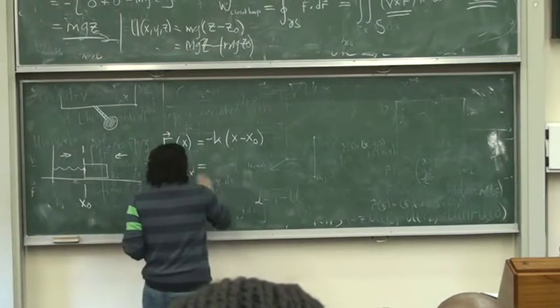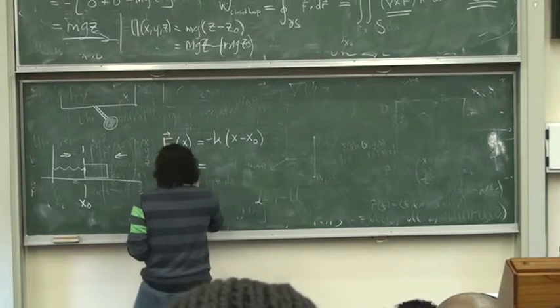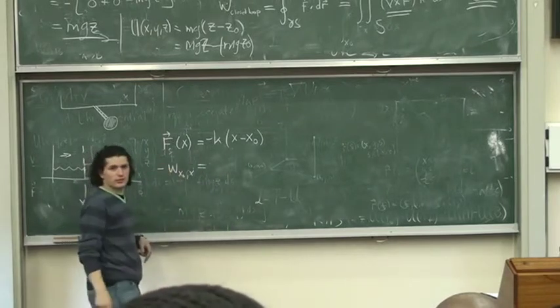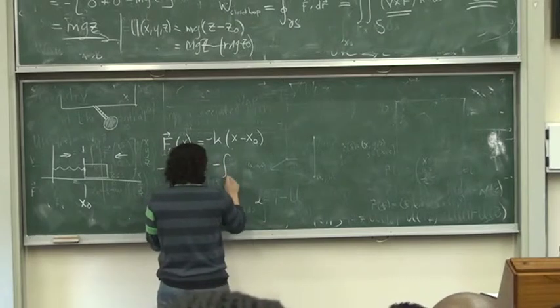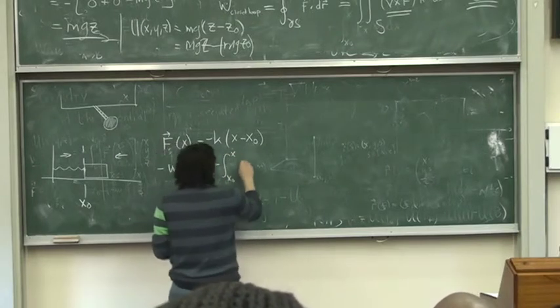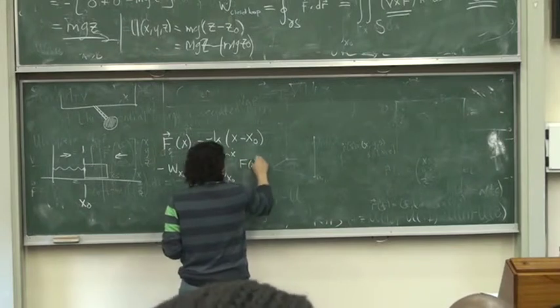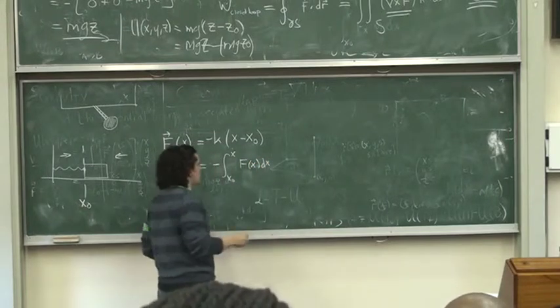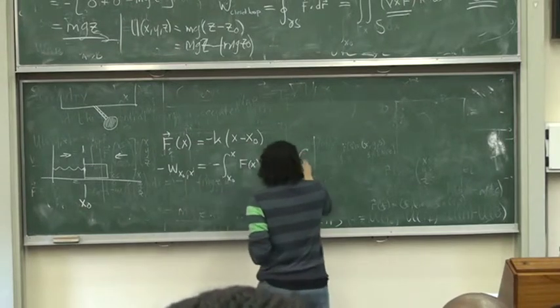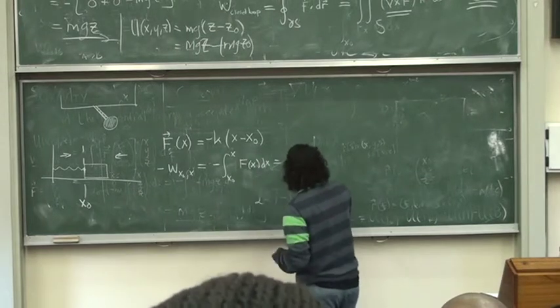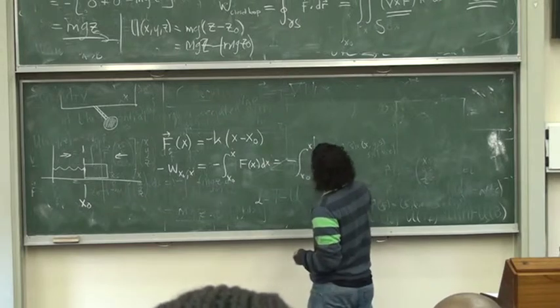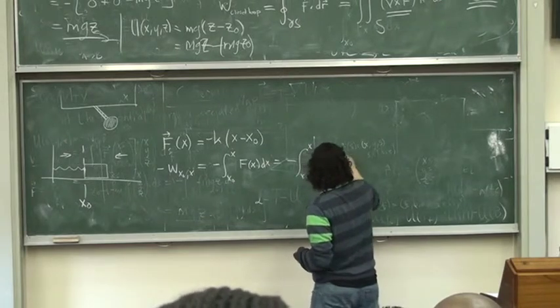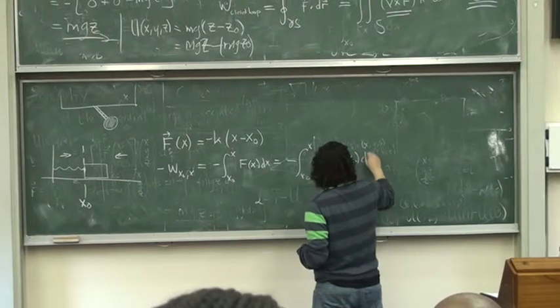And I'll put a negative on there because I want the potential. A negative of the integral from x naught to x of minus k times (x minus x naught) dx.